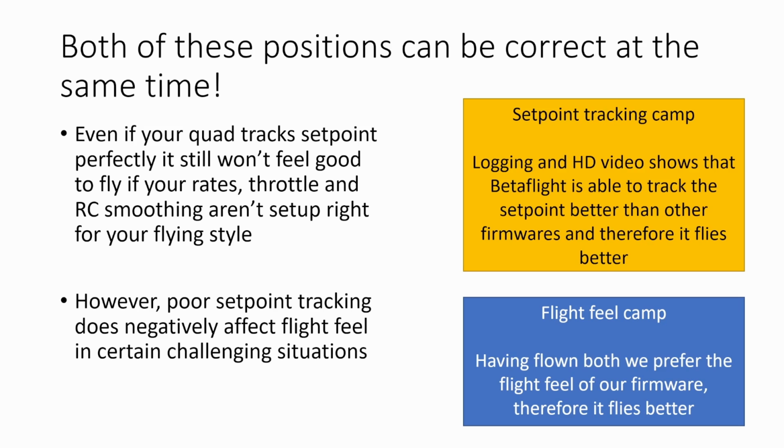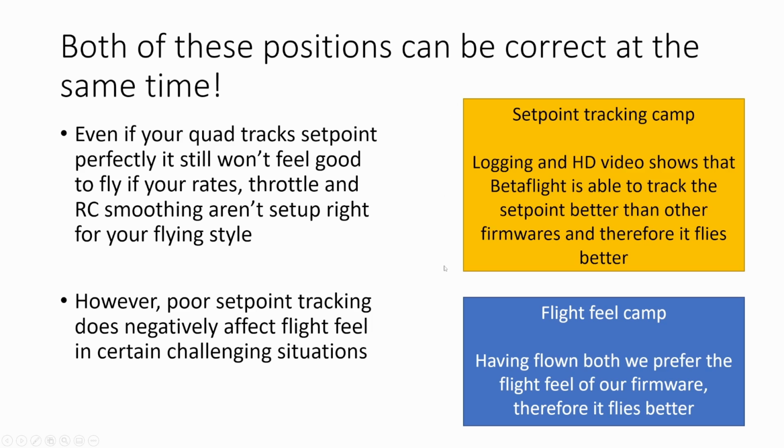And I think that that makes sense, because it's quite clear from looking at the data from the set point tracking group that certainly their position is correct. And I think it's also true, looking at the flight feel group, that there are enough people who feel that there's a significant difference that that is also correct and true. So you have to take the assumption that both camps are right. Otherwise you just can't make progress.